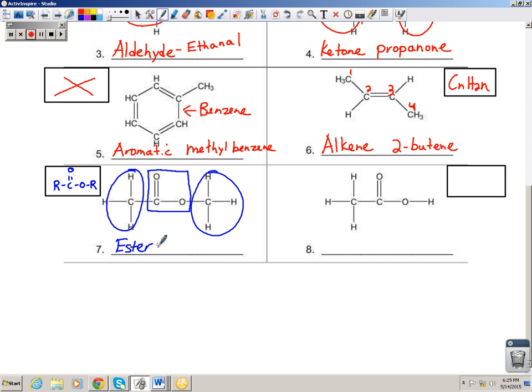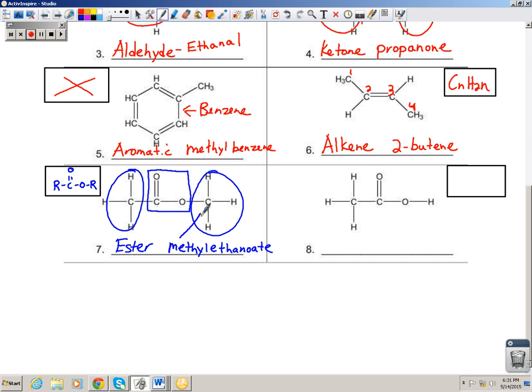How would you name this? This one looks a little weird because we have a methyl. Oops, no, I had it wrong. Hold on. Let's pause that and fix that. Sorry about that. I forgot that we had the 2 carbons there. I was thinking there was 1 carbon. I looked at that. So we have methyl ethanoate.